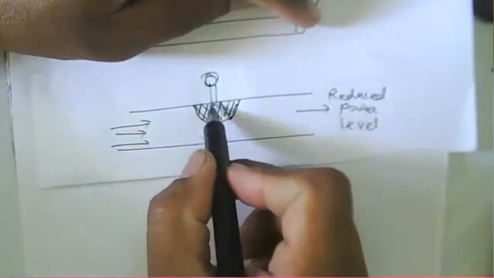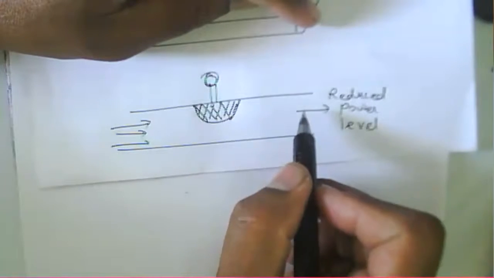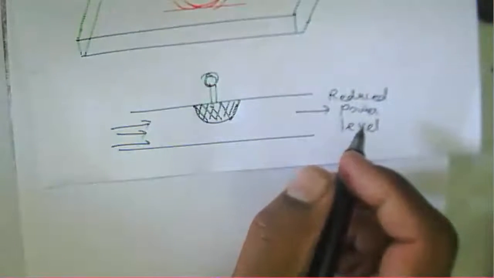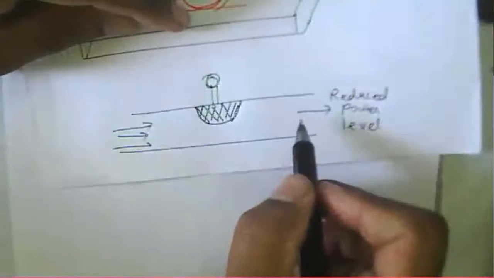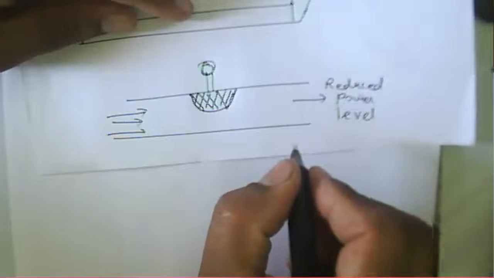If the obstacle is a small length, the power reduces only by a minimum.